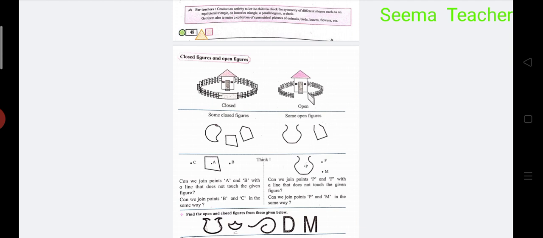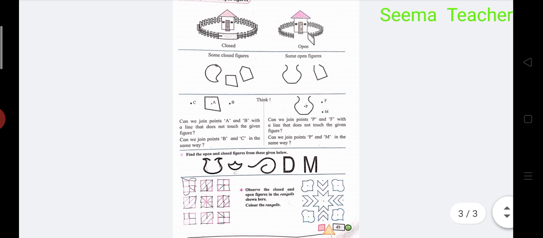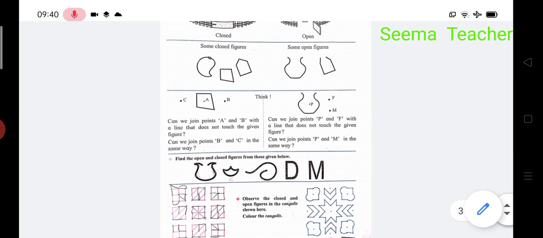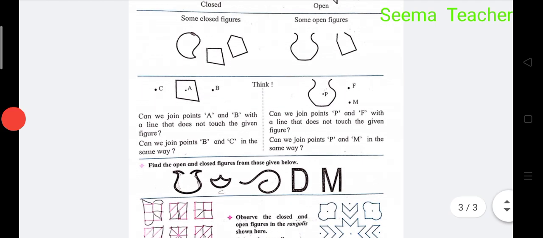So now look here. Can we join point A and B with a line that does not touch the given figure?